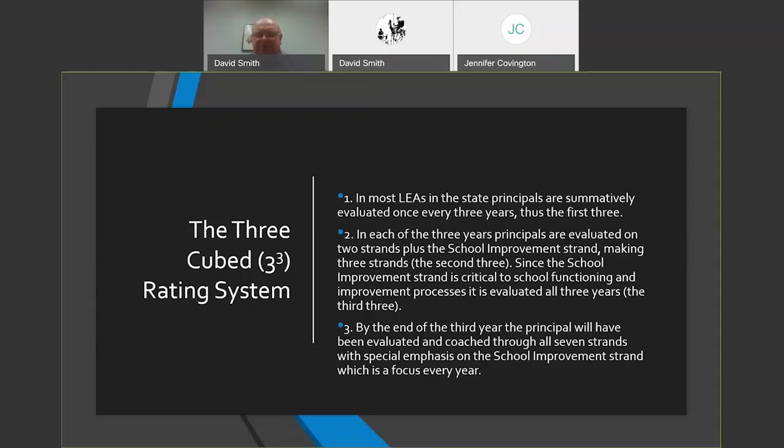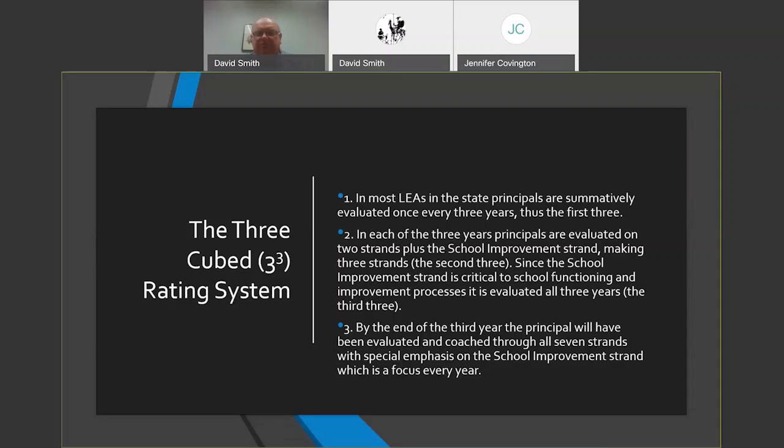Now, what is the purpose of that? The purpose of that is to have better conversations with principals and to focus on different areas of principal practice during the course of each year so that you can have more substantive conversations and better professional growth, continuous growth.